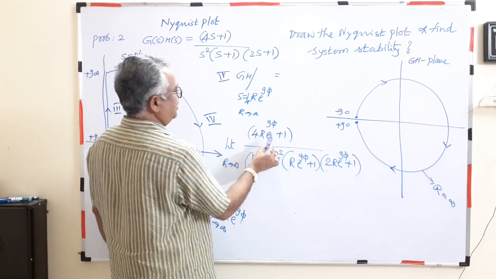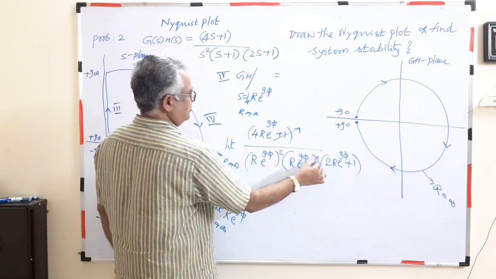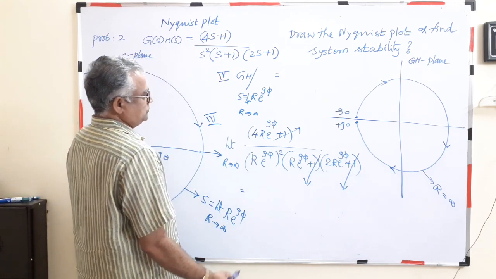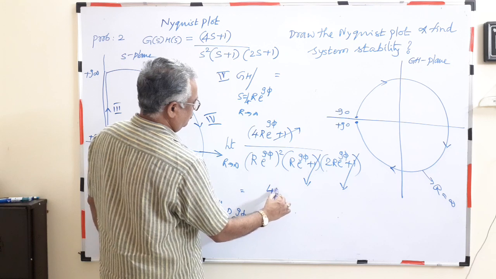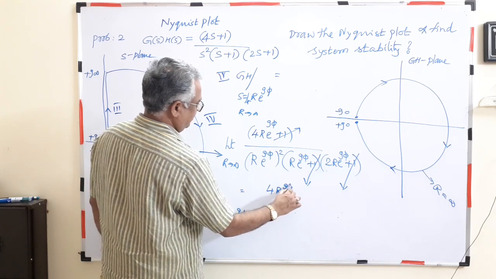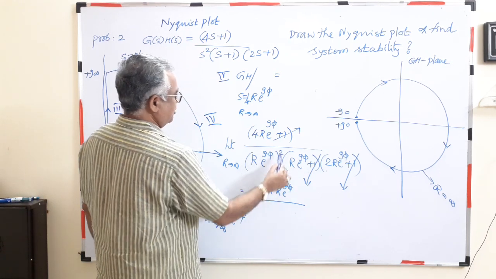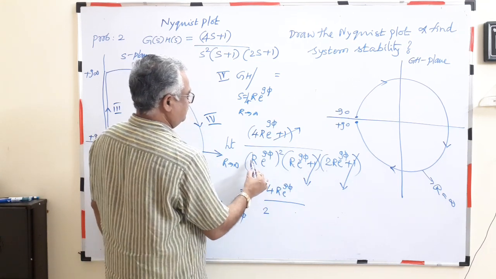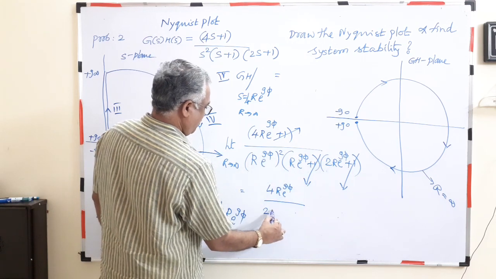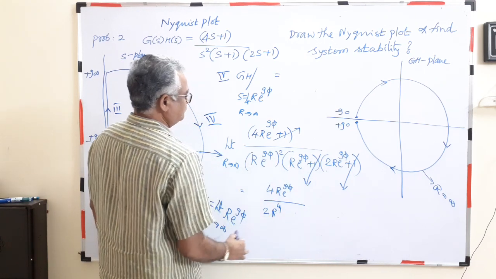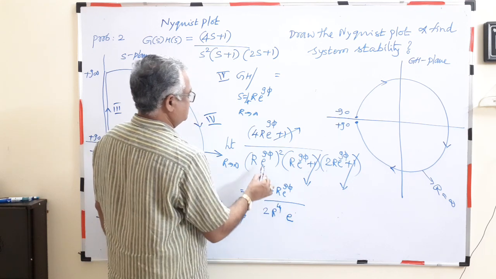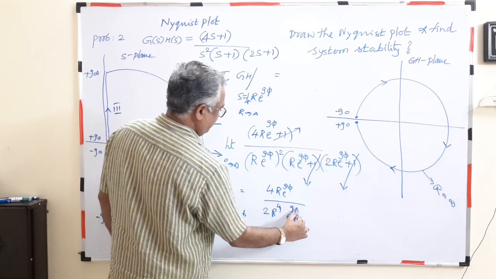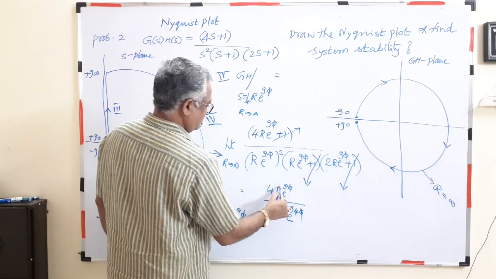When R is infinite, 1 is neglected. What is the numerator? 4R e power j phi. Here R square, R, 2R. Finally 2 R square R to the power of 4. Then e power j phi, here 2, 3, 4. So j 4 phi. So one R will cancel.